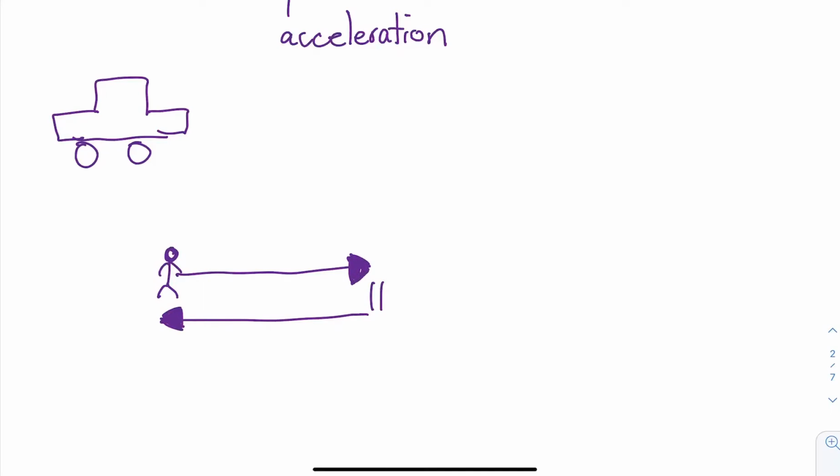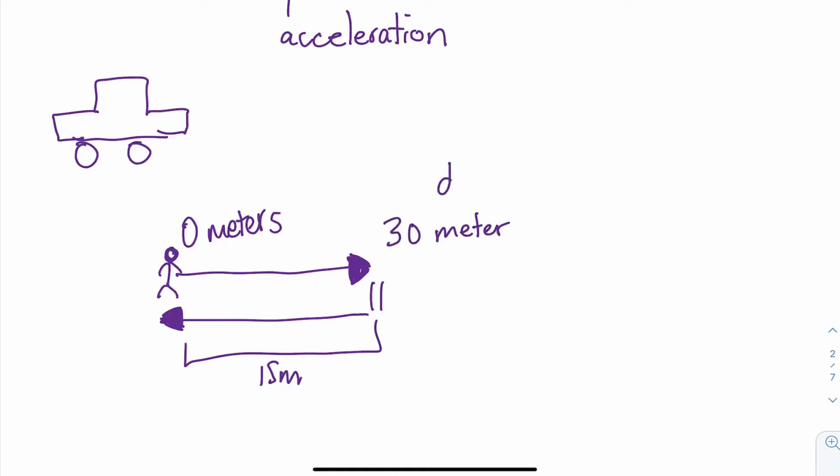So your displacement is 0 meters. But let's say the line is 15 meters away. That means the distance that you ran was 30 meters. That's why displacement and distance are different. This would be total distance. They are very, very different.